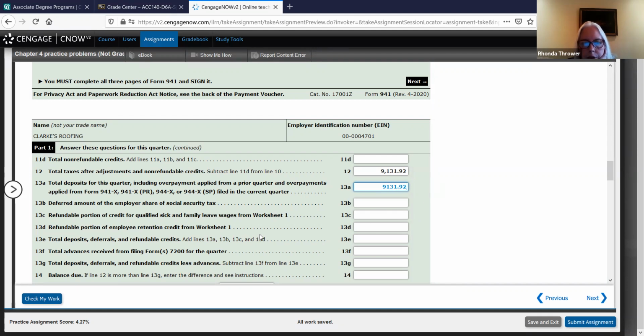And then when we get down here, our total deposits is going to be the same, $9,131.92. Then you're going to subtract 13F from line 13E, and the remainder is $9,131.92.